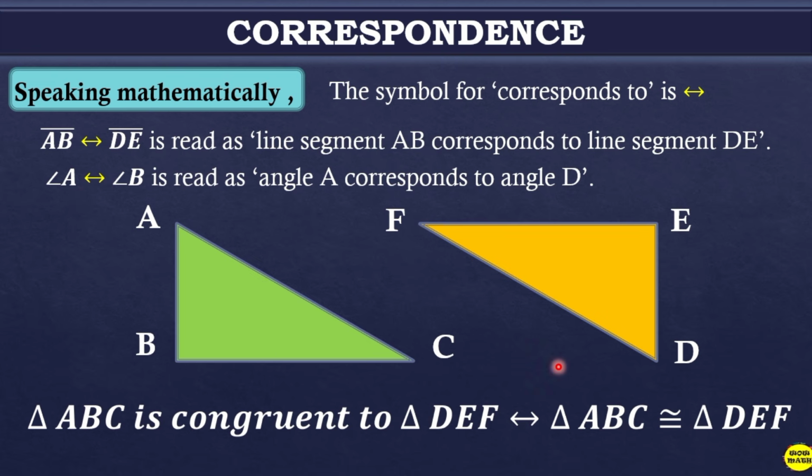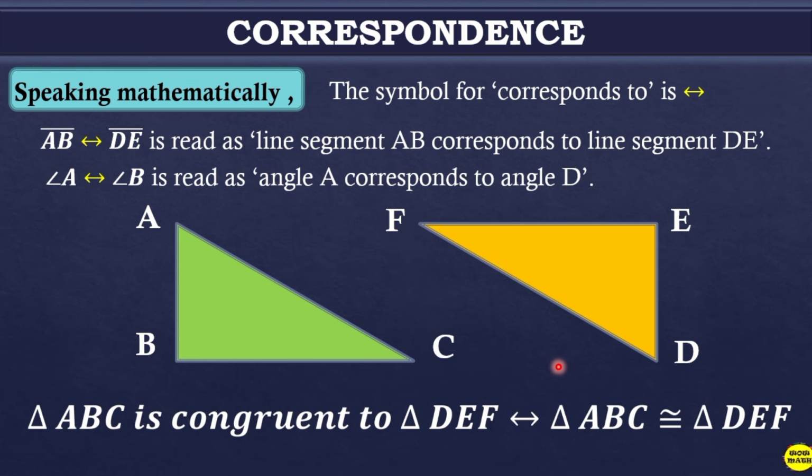Now, how do we know that these two triangles are congruent? Here we will rotate. We need to rotate it, or if you want, you may flip or slide, that's also possible. I will rotate it until they overlap. We need to prove that these two triangles are congruent.